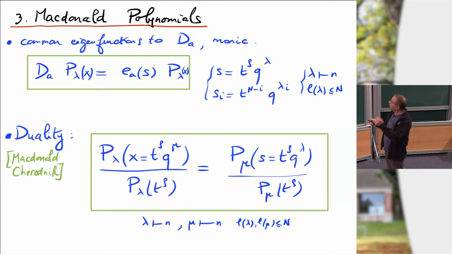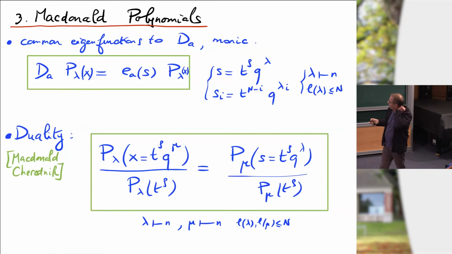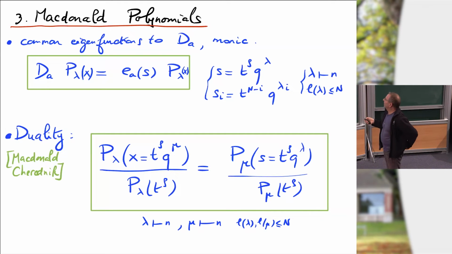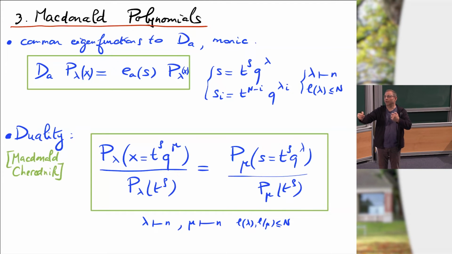Okay, so a very important property which was first devised by Macdonald in type A and then generalized by Cherednik is the following. These polynomials, lambda is like the degree, right? And x is the variable inside. So there is a way of interchanging the two, so you interchange the degree and the variable.